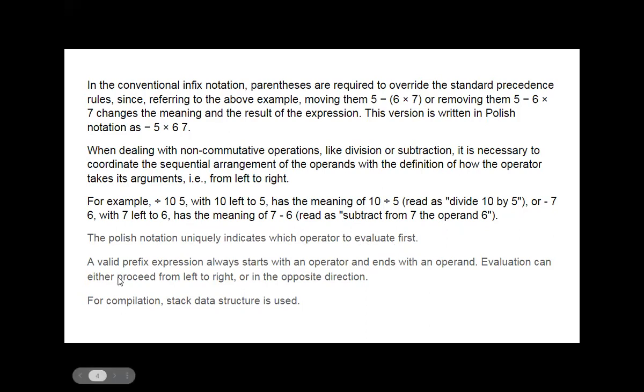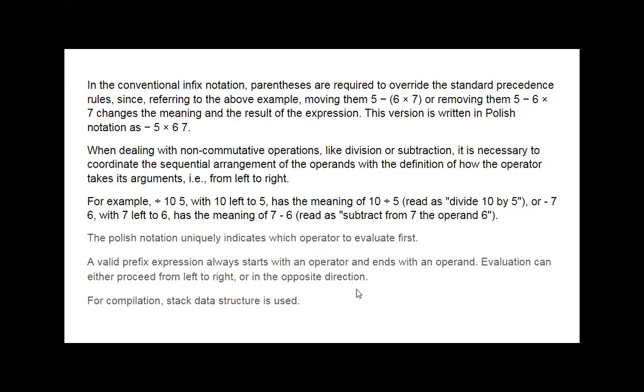A valid prefix expression always starts with an operator and ends with an operand. We can see here, it always starts with an operator and ends with an operand.